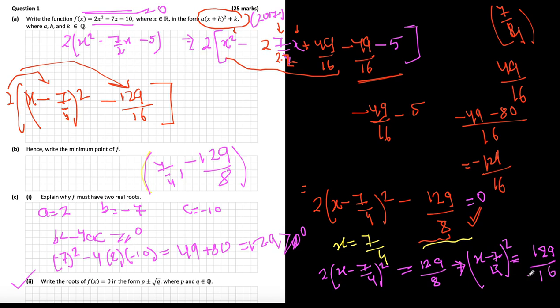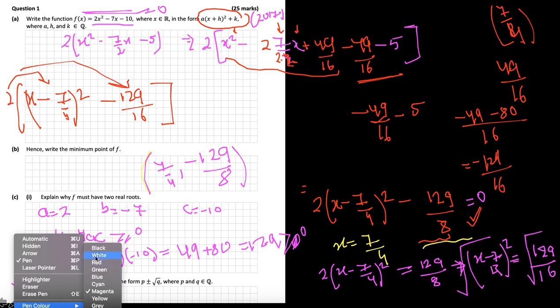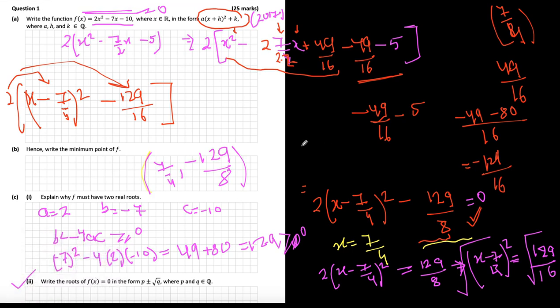And now I will take under root both sides. So if you take under root, there is no space here, so I will write in the middle. If you take under root, you will get x minus 7 over 4 is equal to plus minus under root 129 over 16.